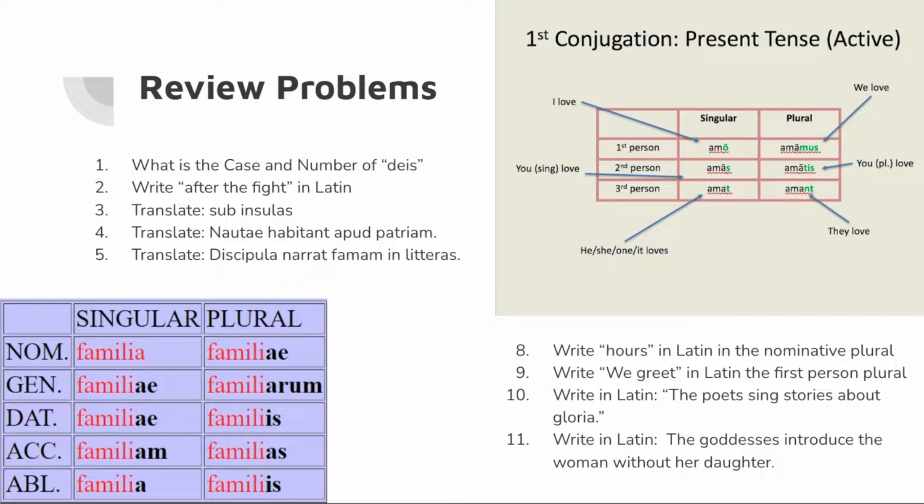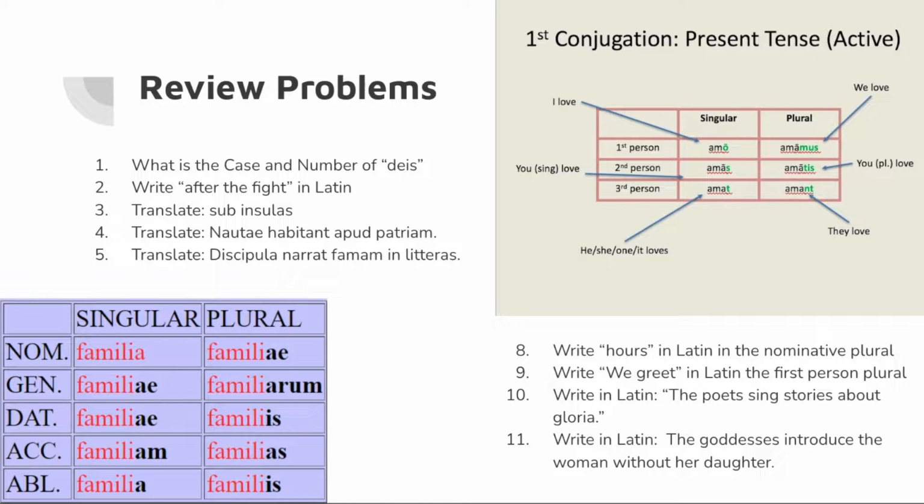Fama is a rumor, accusative singular. So the student tells a rumor. Since in plus an accusative plural, because litteras is accusative plural, translates as into, the student tells a rumor into the letters. Okay, next one.